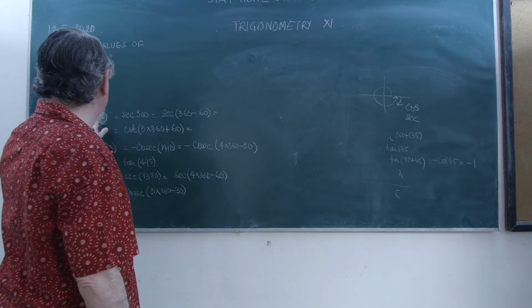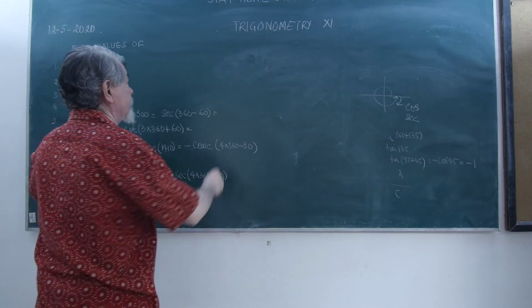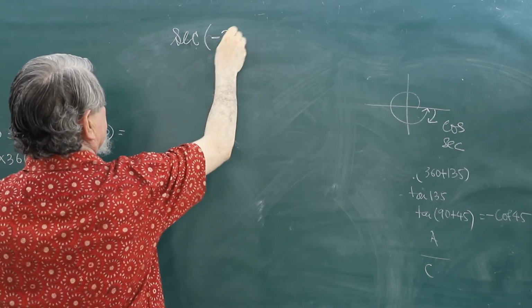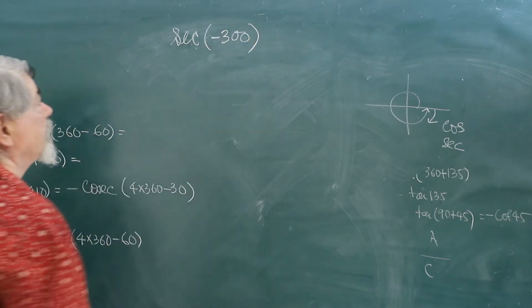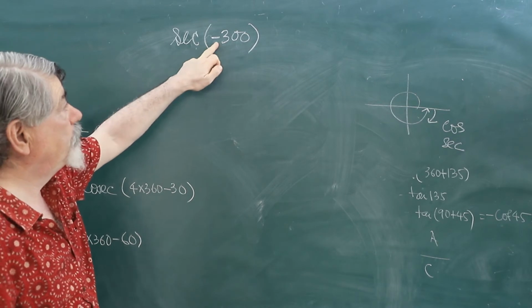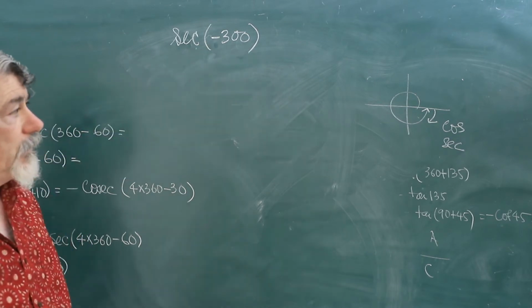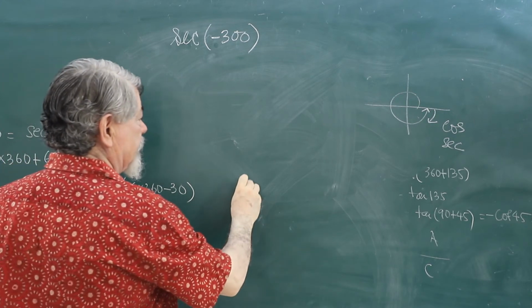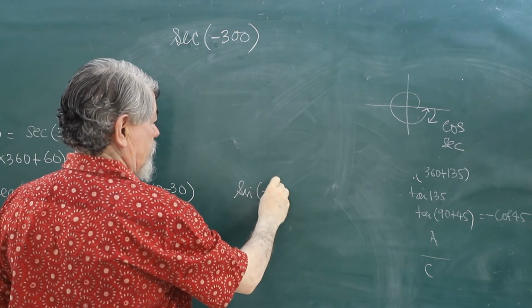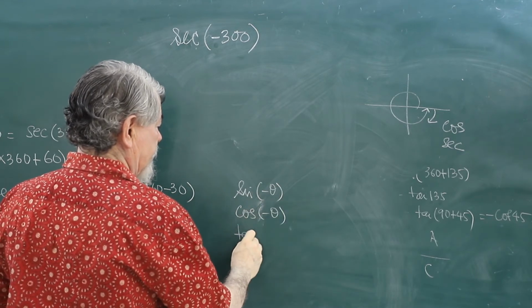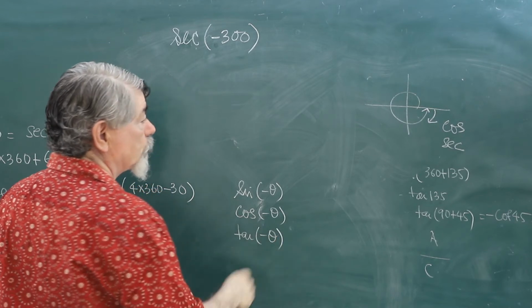Now the next is the fifth one. He writes sec minus 300. Now there are different methods. I prefer the method in which I will change sec minus theta. Now sec minus theta, like sine minus theta, cos minus theta, tan minus theta, all these will come to the fourth quadrant.